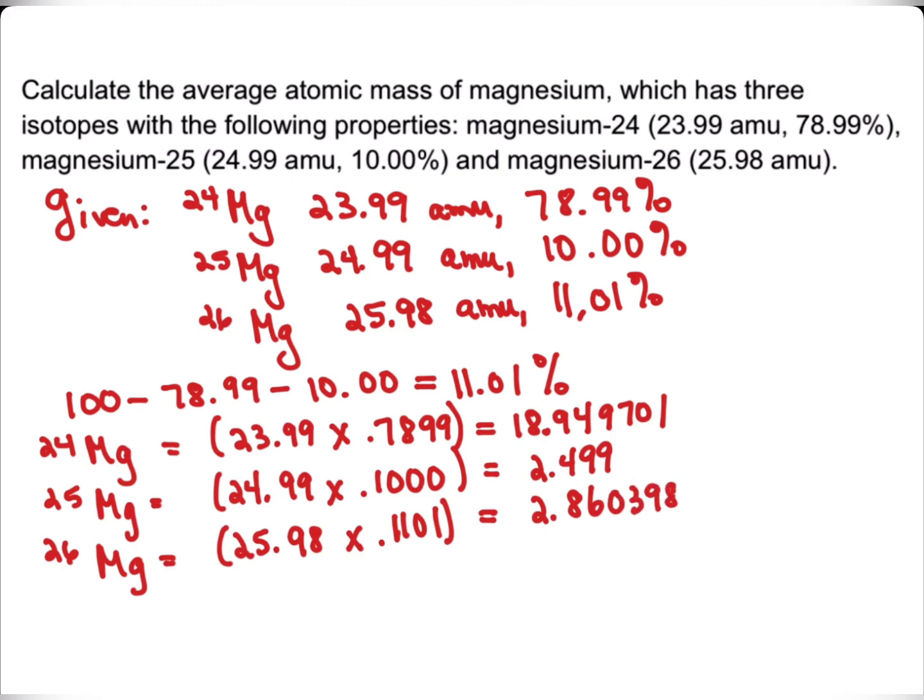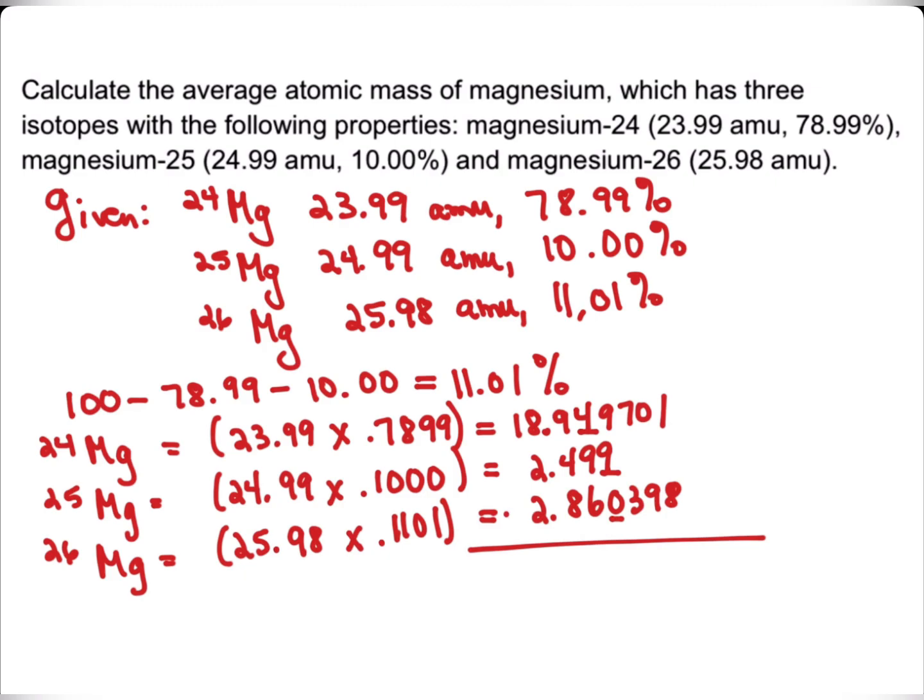Now remember, I don't want to estimate just yet, but I want to keep a mental note. The first parentheses would be 4 sig figs, so I'm going to underline the 4th digit. The second parentheses, again, 4 sig figs, so I'm going to underline the 4th digit. 25.98 times 0.1101, that would be 4 sig figs. I'm going to underline the 4th digit.